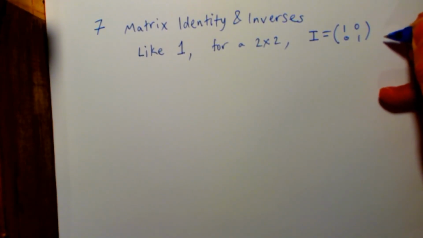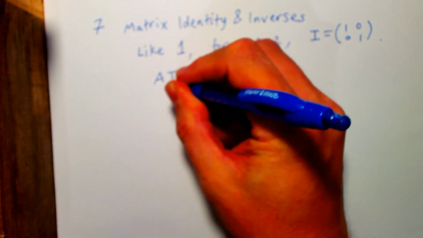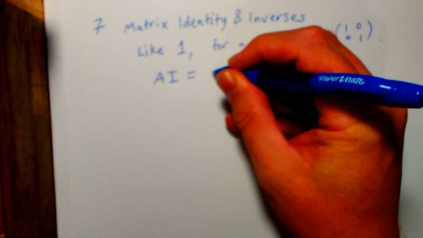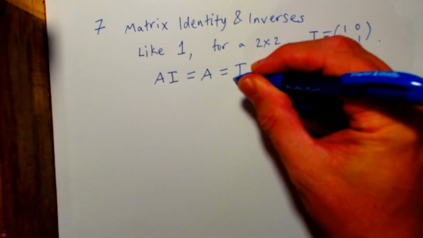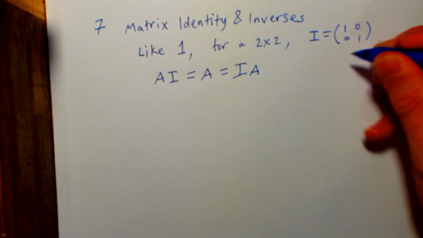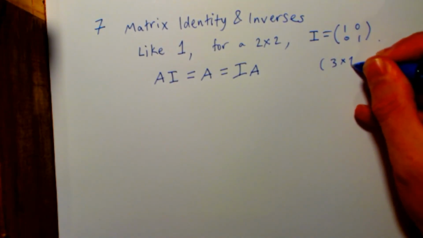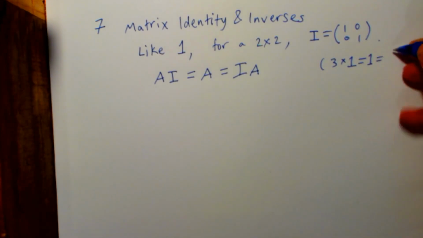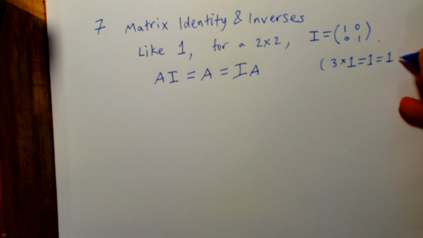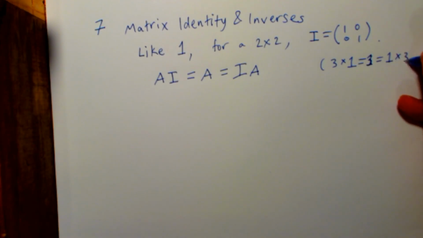Okay, and this is our identity matrix because when we multiply A times I, we have A. And this is the same as when we multiply I times A. Right? So in our analogy, 3 times 1 is equal to 3, which is 1 times 3.